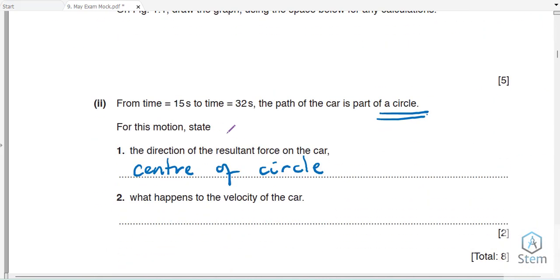So velocity therefore also keeps changing. What is making the velocity keep changing is the change in direction. The speed is constant, but the direction changes. All right. So that's it for 8 marks.